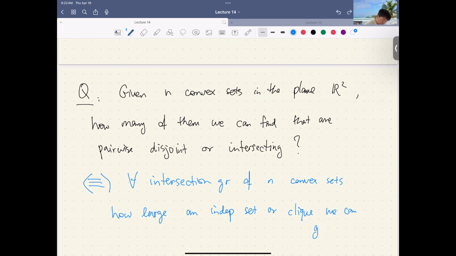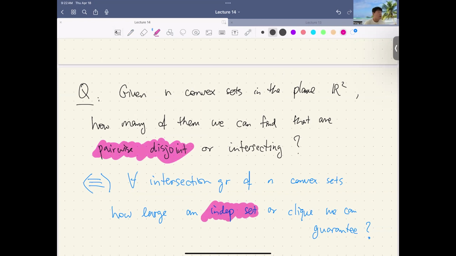Here, once again, the independent sets in the intersection graph are pairwise disjoint convex sets, and the cliques are pairwise intersecting ones.